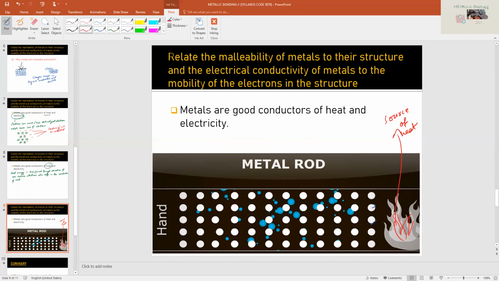Now what will happen? They will get the heat. That's why I'm labeling it as red. And they vibrate. In this way, it transfers the heat to other atoms. You see, heat will be transferred in this way.